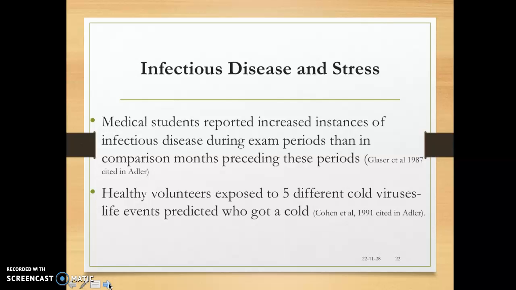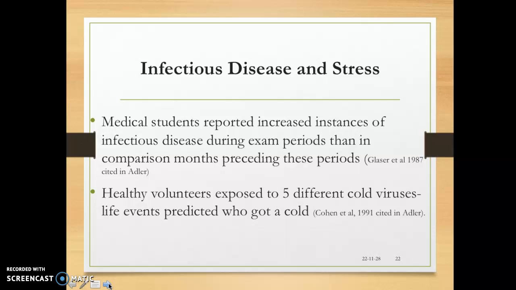And this second bullet here is something that we've talked about, or you viewed in a previous video. Healthy volunteers were exposed to different cold viruses, and life events predicted who got a cold.